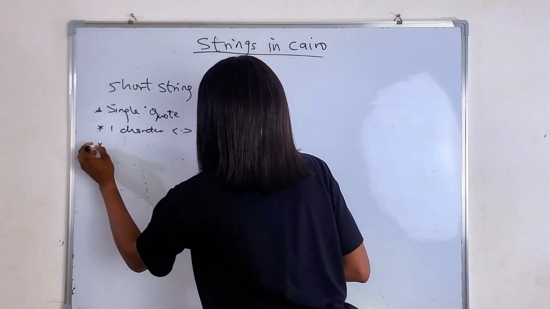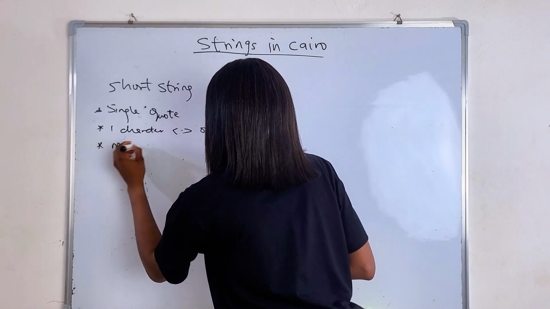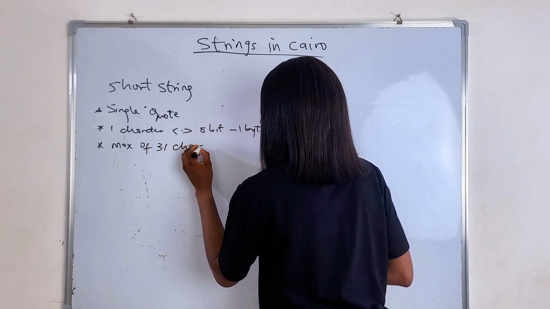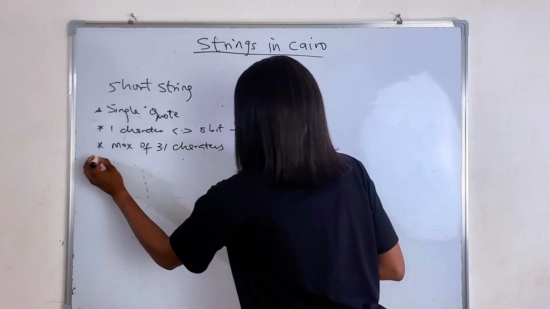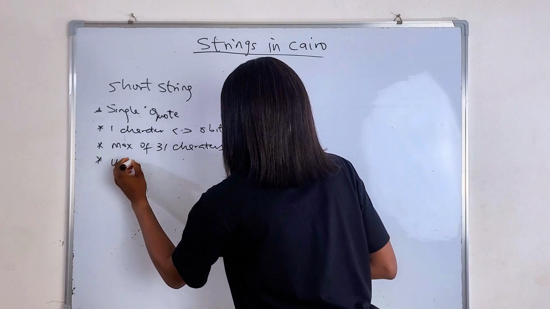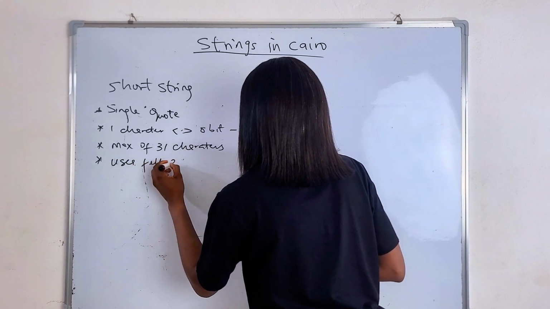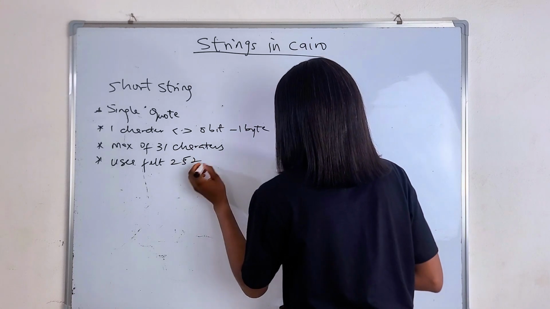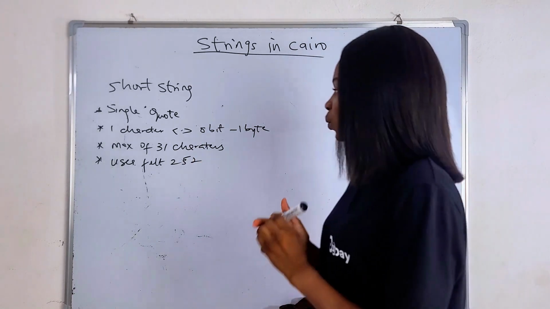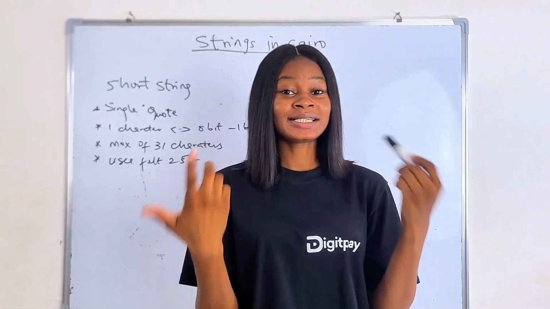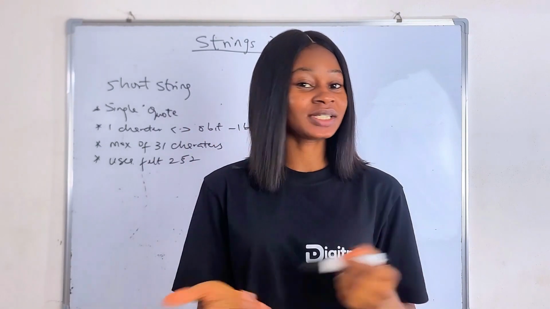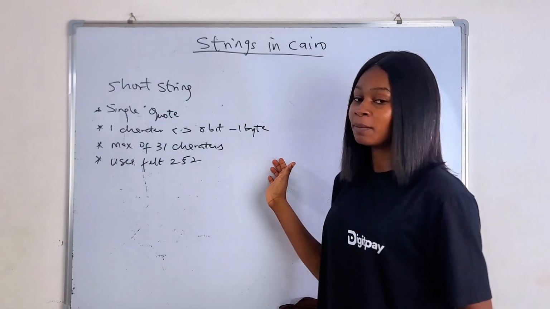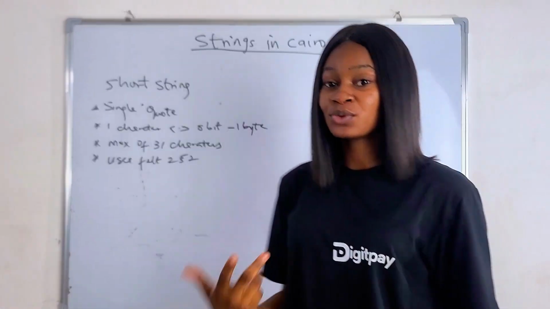It can have a max of 31 characters, and it uses felt252 for storing strings. Like I said, whenever you use single quotes in Cairo, it's seen as a short string, and you have to follow this criteria for you to be able to use that in Cairo.